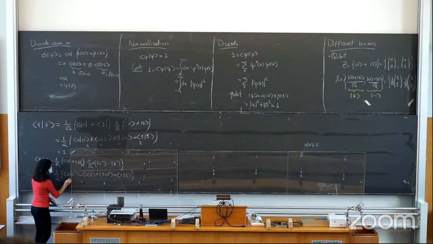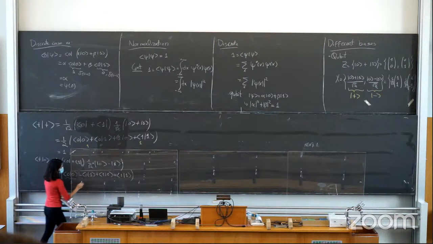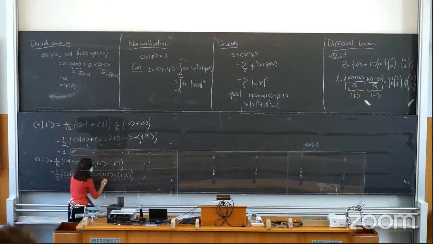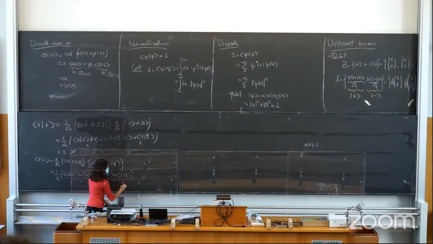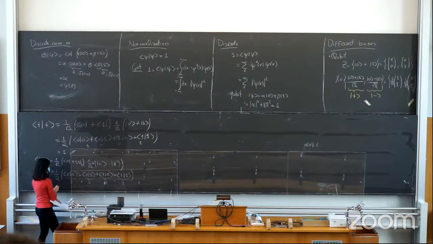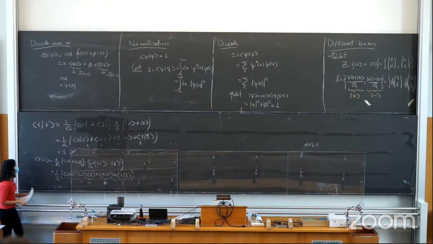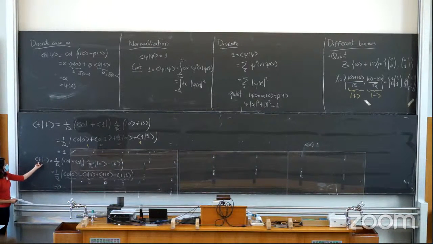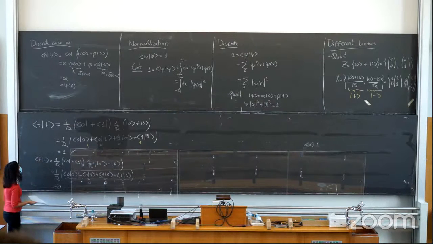This is 1, this is 0, this is 0, and this is 1 but it has a minus sign, so the two 1s cancel each other. Minus plus is just the complex conjugate of plus minus, so that's 0. And the minus minus I did not do, but you can do at home, or just believe me that it is indeed also normalized. So this is a valid basis.